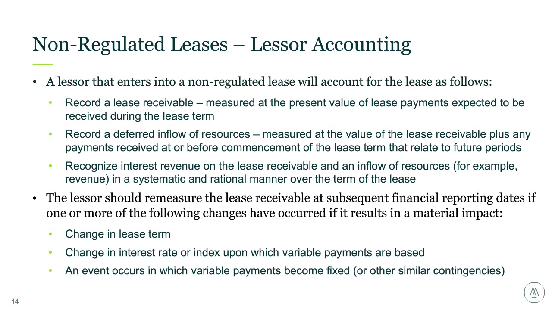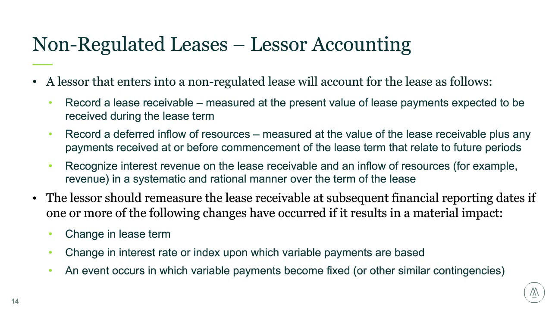Interest revenue and the inflow of resources should then be recognized in a systematic and rational manner over the course of the lease term. The lessor is required to remeasure that lease receivable if a change occurs and that change results in a material impact to the financial statements. So for example, if there's a significant change in the lease term, if there's a change in interest rate or index which variable payments are based upon, or if an event occurs in which variable payments become fixed.